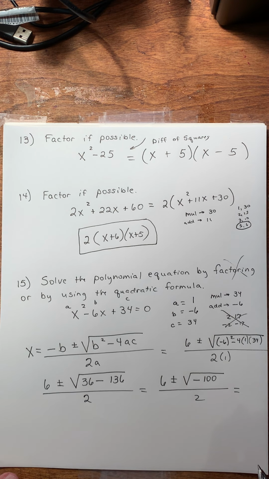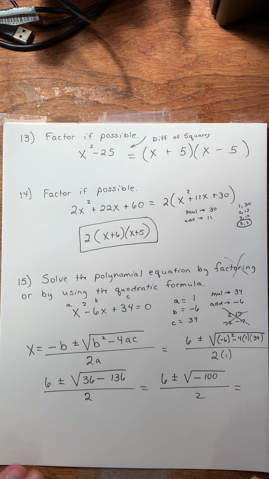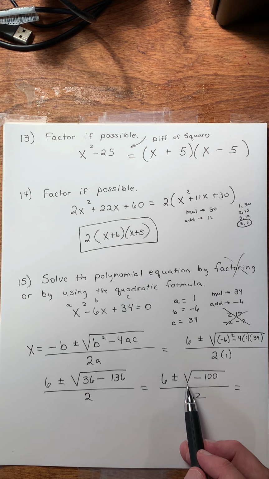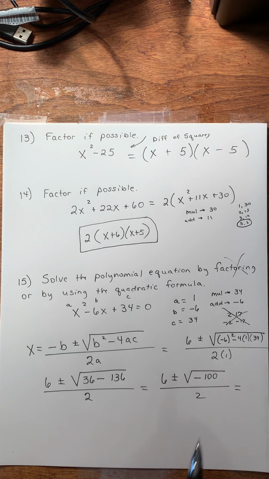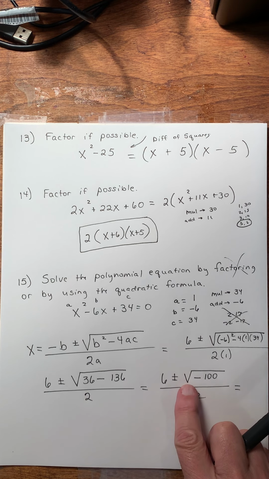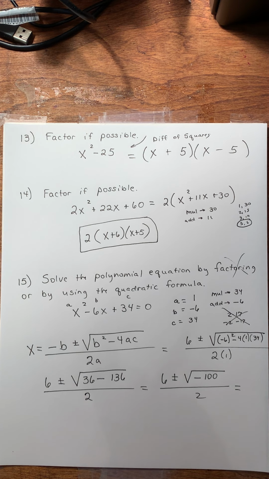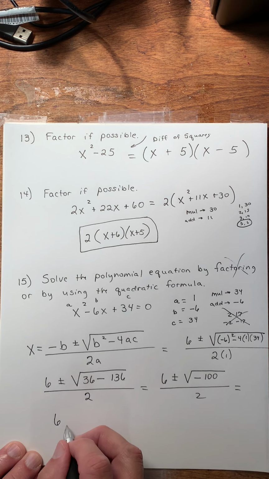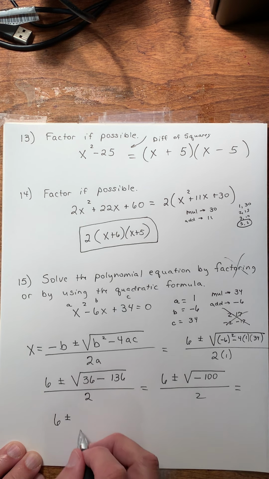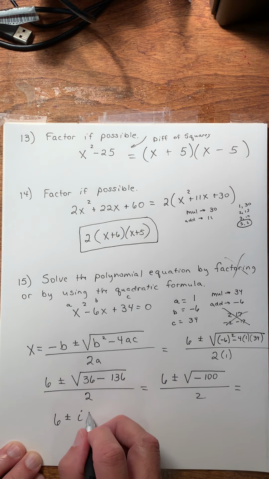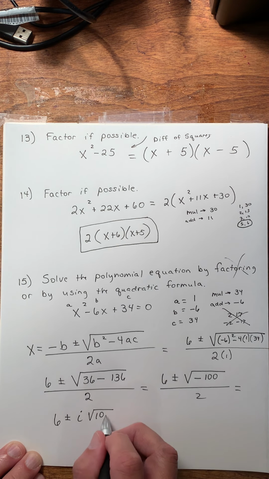Here's where we're going to need to just pause for a second. Check this out. I've got the square root of a negative. Put that in my calculator, it's going to say error. Why? Because this is in the realm of complex numbers. You get a square root of a negative, you have yourself an i expression. So this is 6 plus or minus i times the square root of 100.